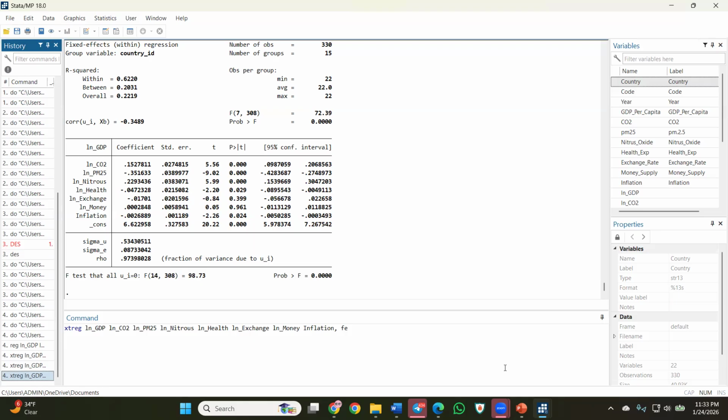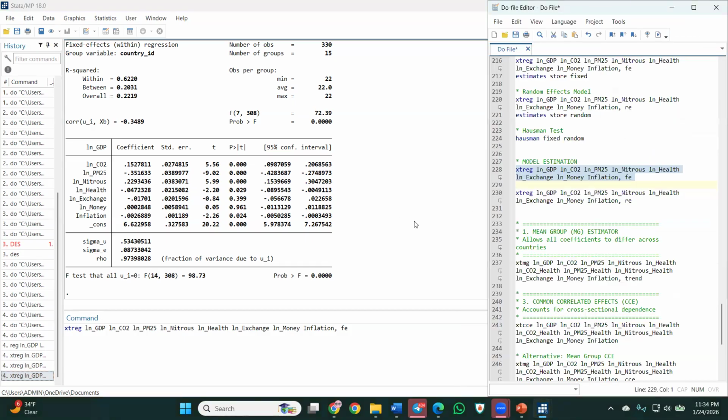Then you use the random effect. The other way around, you use the fixed effect. That one treats them as the same thing.